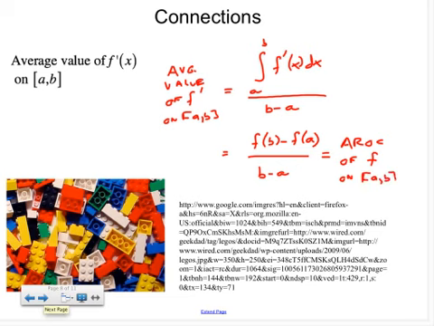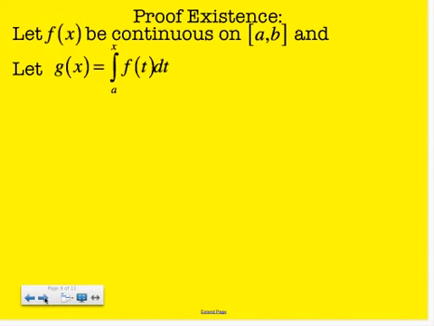So there are some relationships that are built in here that you need to be aware of. And maybe doing it one way is an easier calculation than doing it another way. But you need to keep distinct average rate of change of a function f versus average value of a function f. They're calculated differently, and you need to be careful that you don't mix up one with the other.